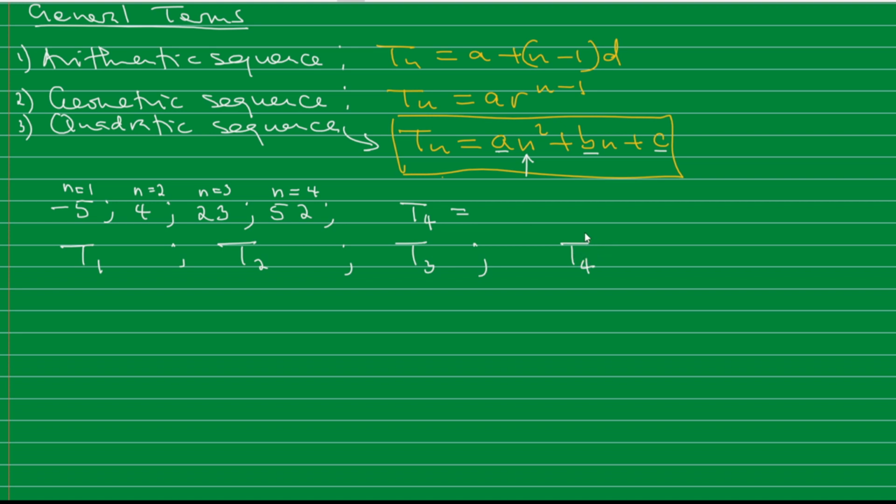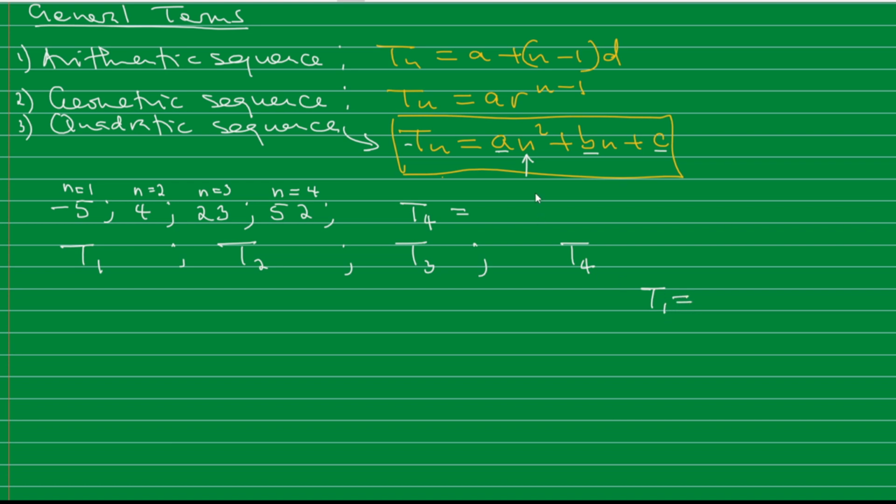So what we are going to do is find, for every quadratic sequence, what would be the first term, T1? We substitute n with 1 in our expression.